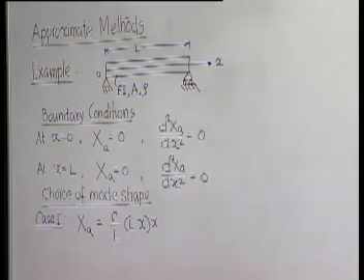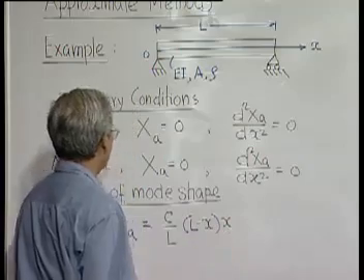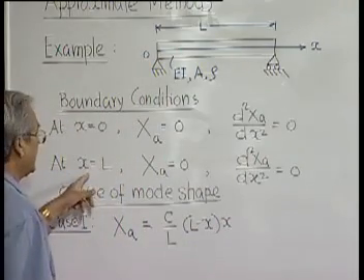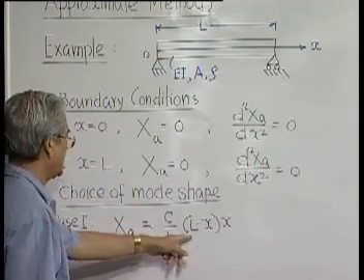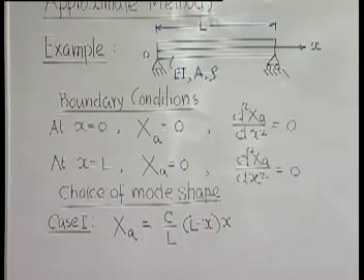If we assume like this, the first boundary condition, that at x equal to 0, X is 0, is true. Similarly, at x equal to L, X is 0, which is again true. So the geometric conditions are satisfied.